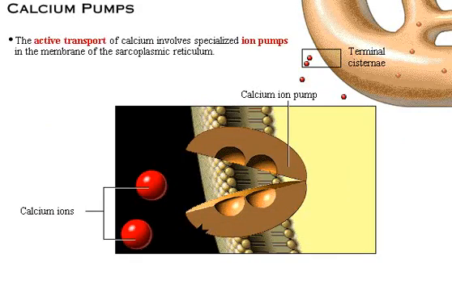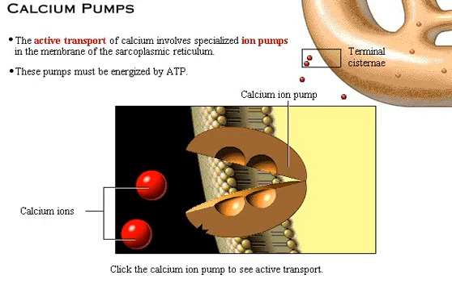The active transport of calcium involves specialized ion pumps in the membrane of the sarcoplasmic reticulum. These pumps must be energized by ATP. Click the calcium ion pump to see active transport.